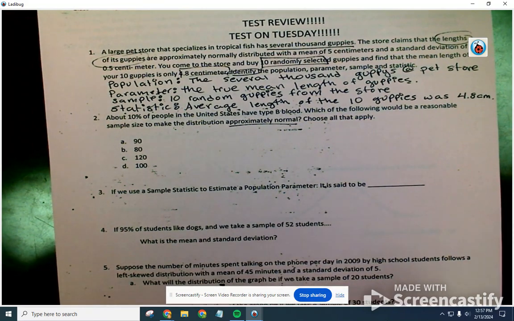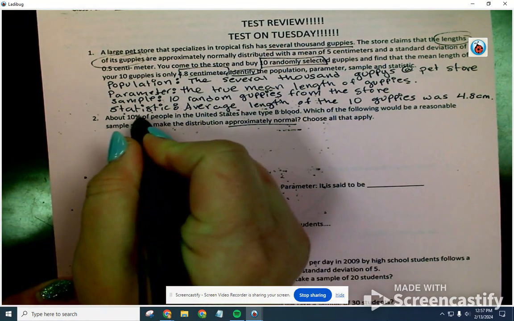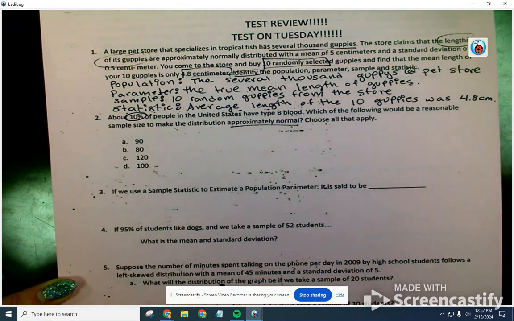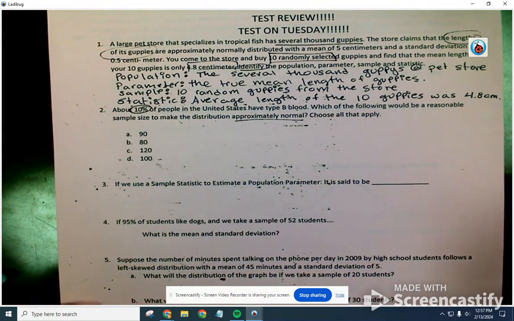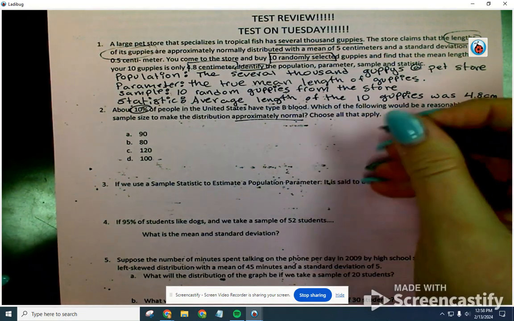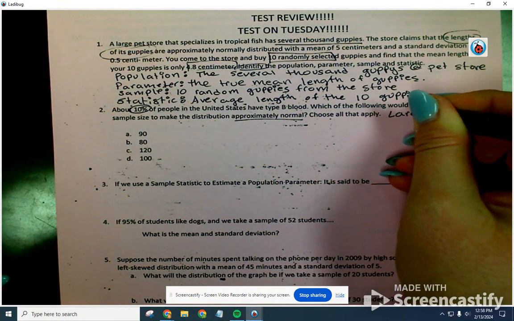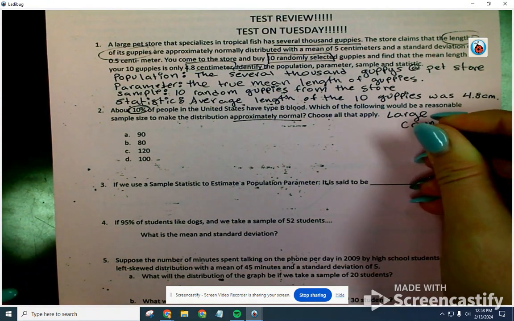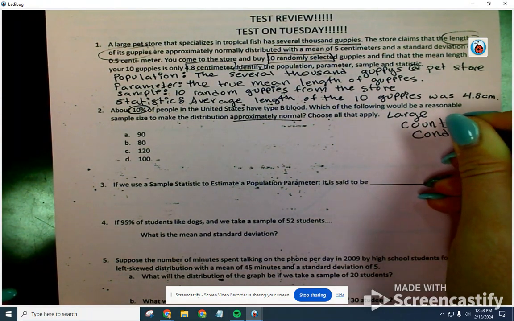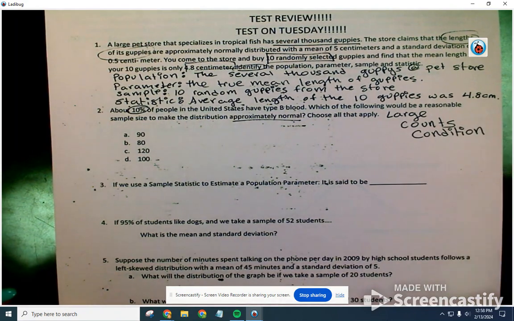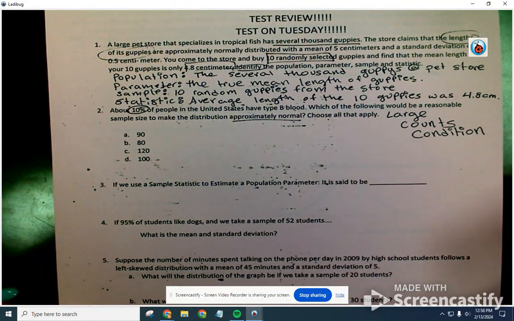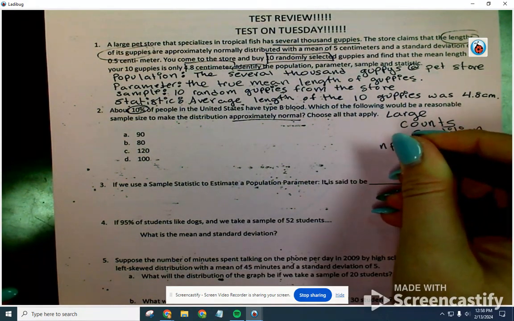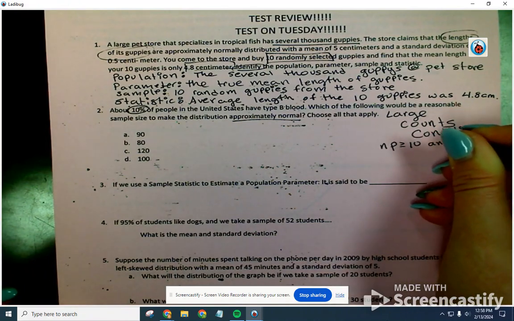So we're going to look at the other piece of information that it gives us, and it says 10%. So we said way back when that a percent, a proportion, and a ratio, all of those are going to follow the large counts condition. So large counts condition. There are 2 pieces of really good information that we need. In order for it to be normal, n times p has to be greater than or equal to 10.